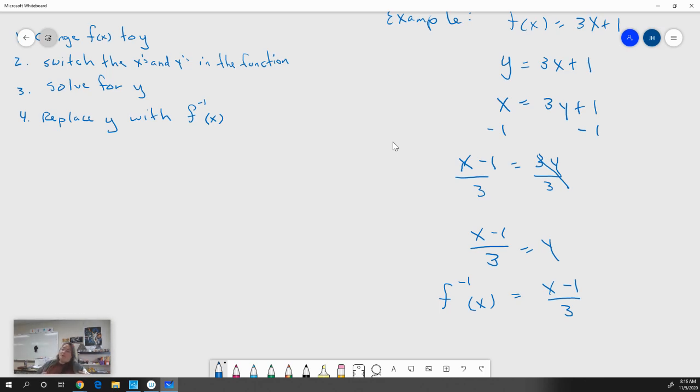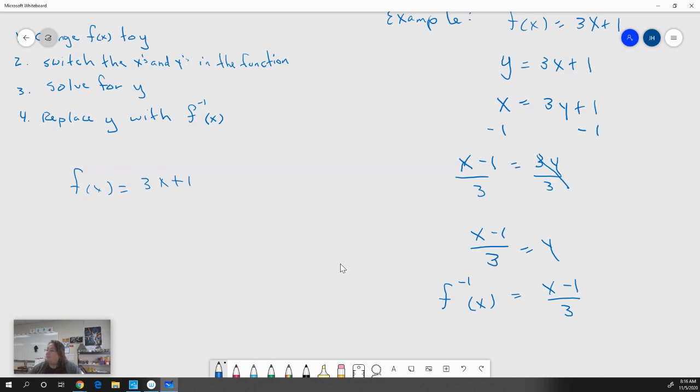Now, the best part of doing inverses is that you can check and see if you did it right. Because if I plug this into my original function, let's see what happens, right? If I plug this in for x in my original function, so my original function is f of x equals 3x plus 1.